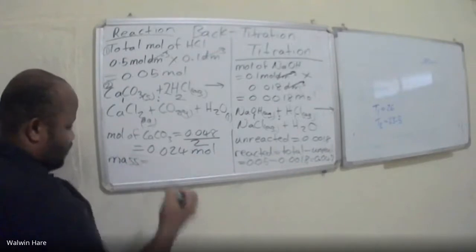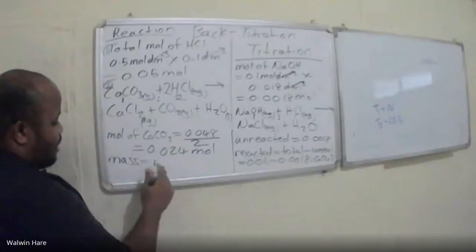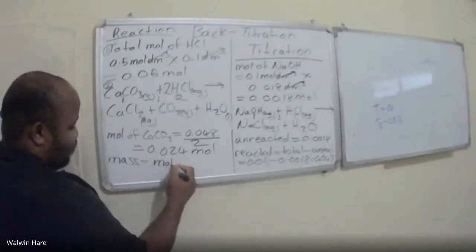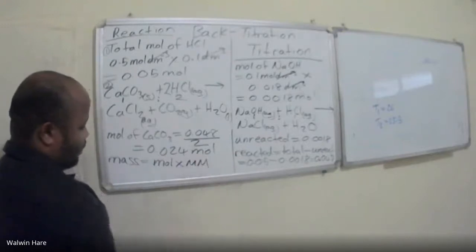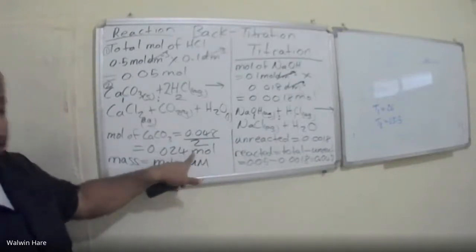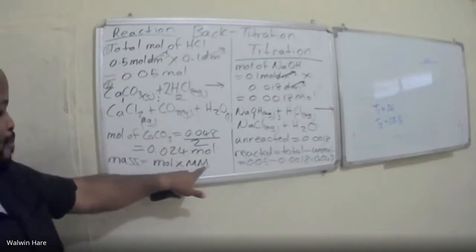Mass is equal to? Not that molar one. For this one, it would be mole times molar mass. All right, because we have the mole right here. So we just times it by the molar mass.